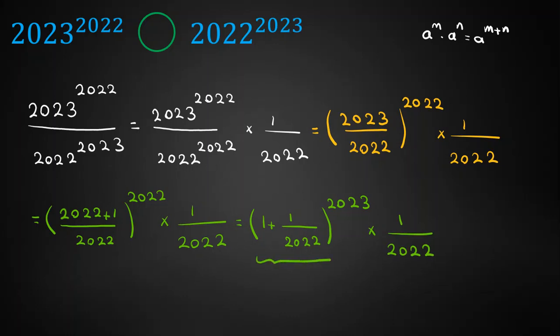So we should focus on this part. Let me correct something: the power here is 2022. We have 2022 brackets. Let's expand them.